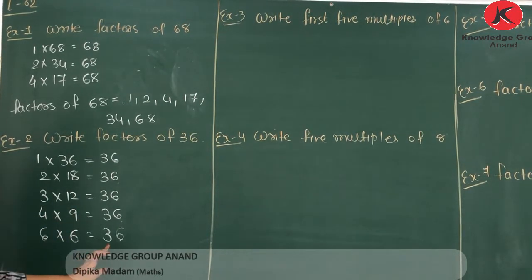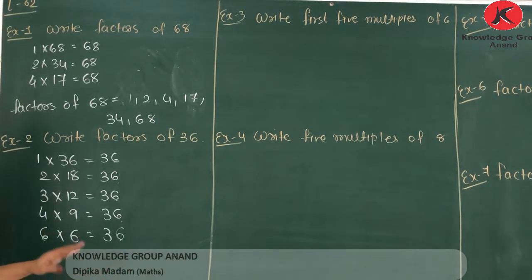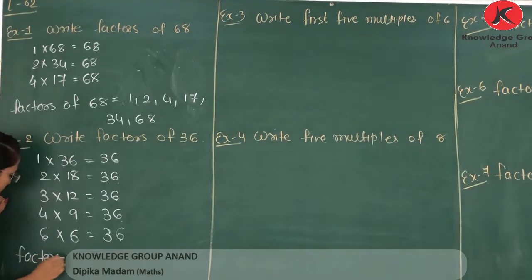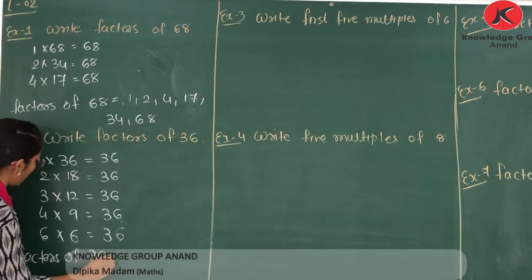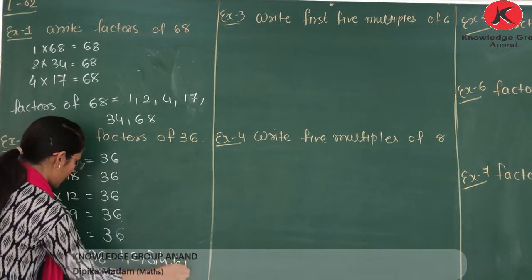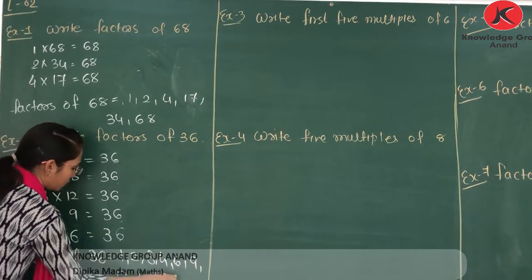So we need to stop up to this. 9 has already come, so we do not check the tables again. So factors of 36 are 1, 2, 3, 4, 6, 9, 12, 18 and 36.